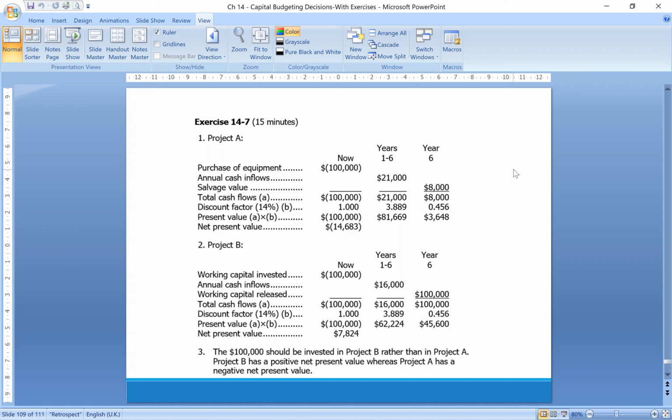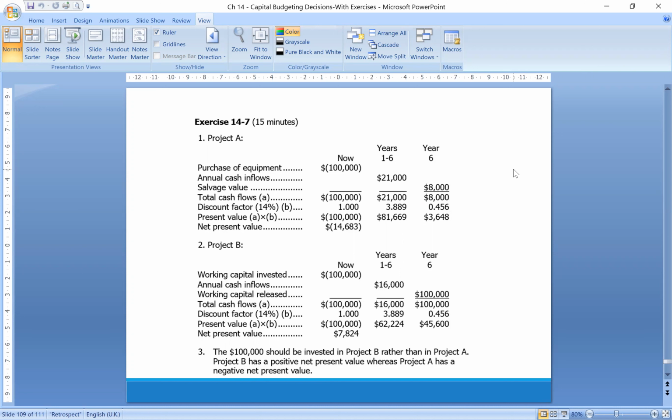So number 3, which investment? Invest in B, because it has a positive net present value. By the way, the answer for number 3 is accept, because of a positive net present value.